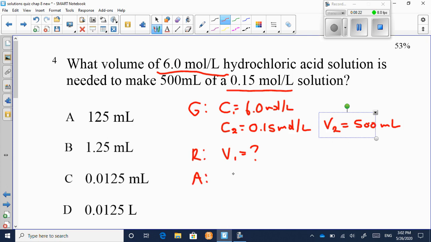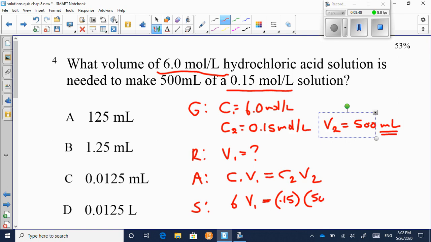Okay. Analysis: C1V1 is equal to C2V2. And let's sub and solve. Now in this case, we can keep it as milliliters, but then my answer will be in milliliters. So watch this. I'm going to sub in my 6 moles per liter into C1 times V1 is equal to 0.15 moles per liter times 500.